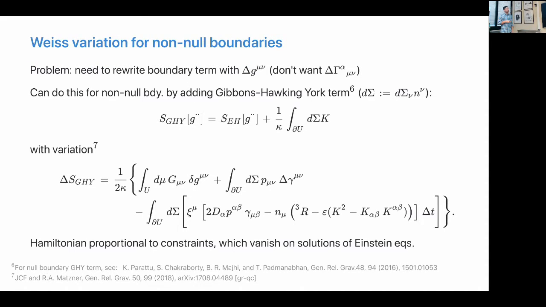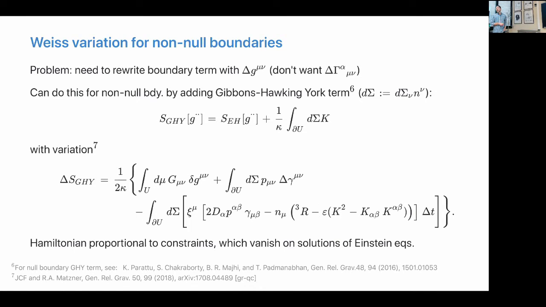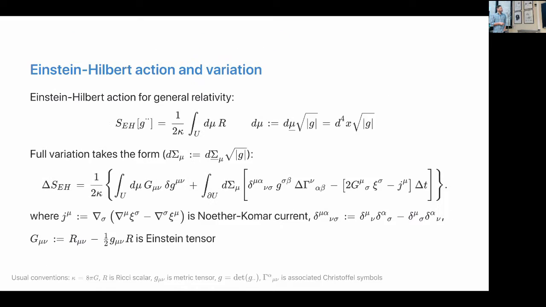When I first did the Weiss variation, this was the result that I got. Sorry, I don't understand, but before you have a boundary, right? You don't have a boundary there. No, in both cases I have boundaries. So before, which kind of boundary? Here, I don't make any assumptions about the properties of the boundary. This is something that works for arbitrary, general boundaries.